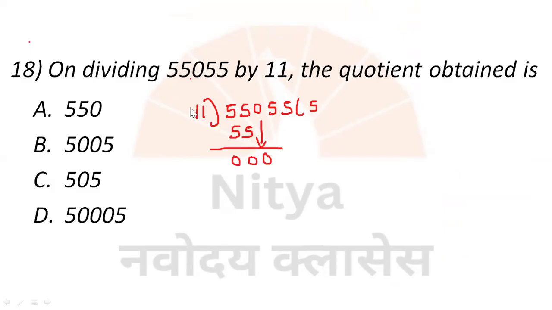And 0 is smaller than 11, so you have to bring down 5. Again 05 is smaller than 11, so again you have to put the 0 here and then 5. So 11 5s are 55. So 0, 0. So 5005 is the quotient. Option number B is the answer.